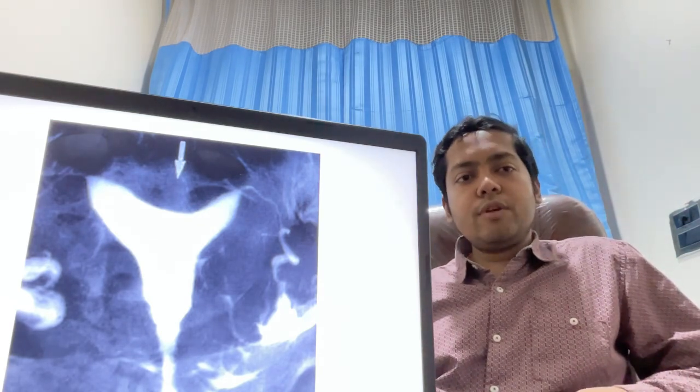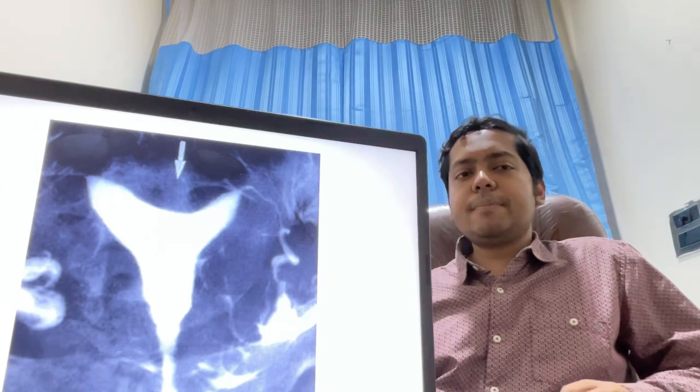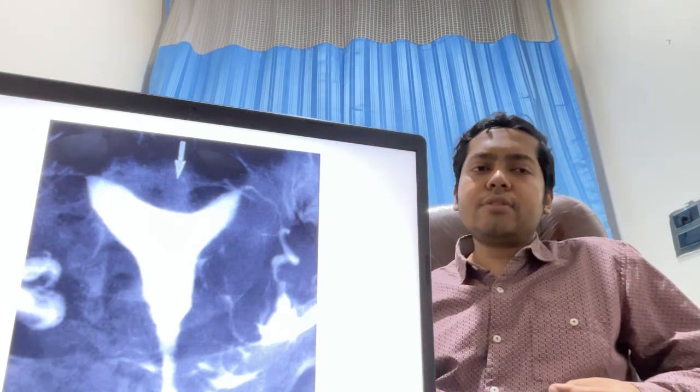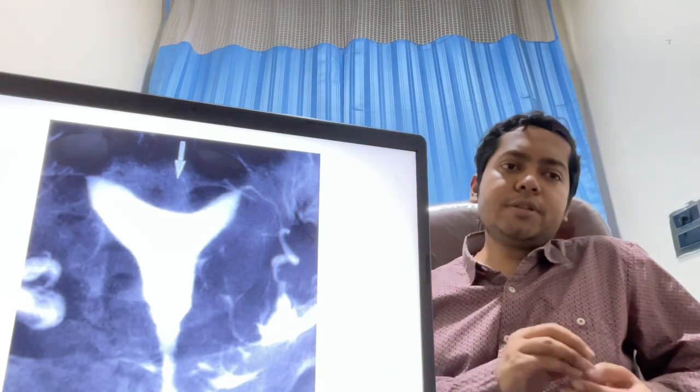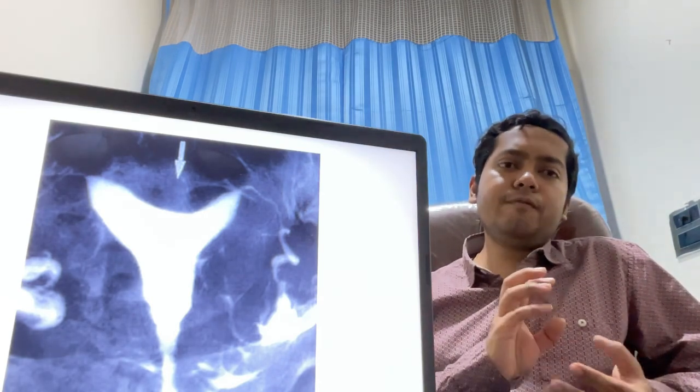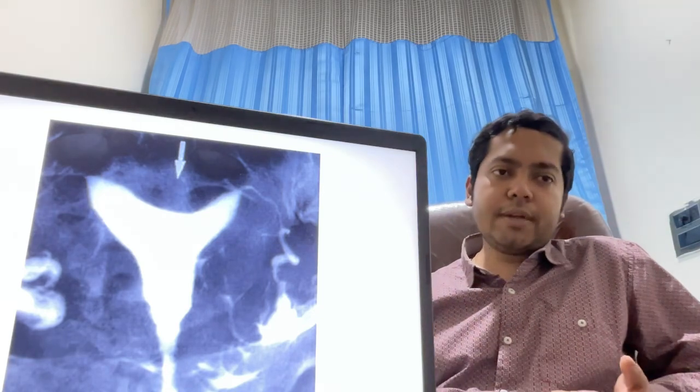So what will you do? What is your treatment of choice? If it is a bicornuate uterus, nothing has to be done. Patient can try for conception, and bicornuate uterus has a very good pregnancy outcome.